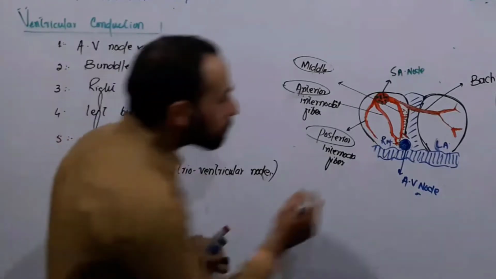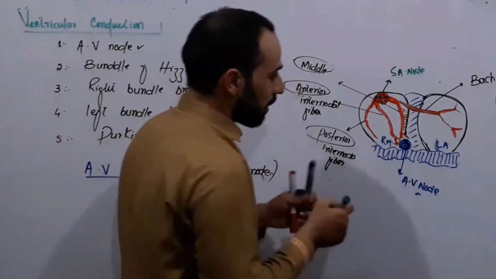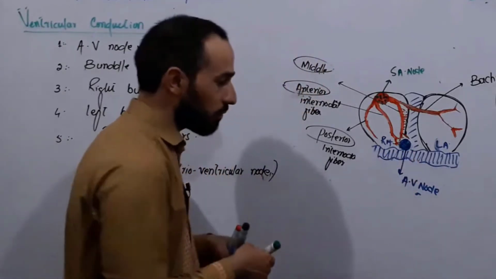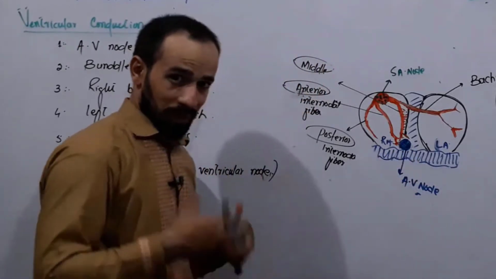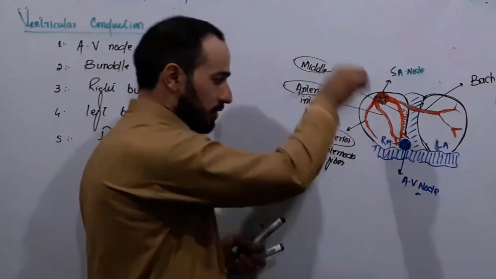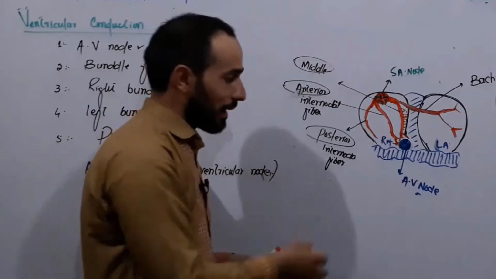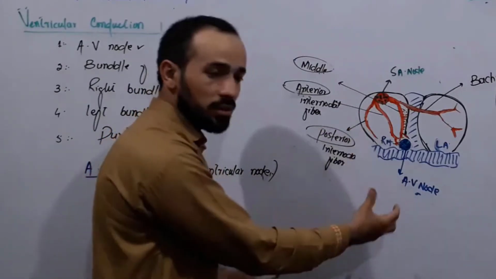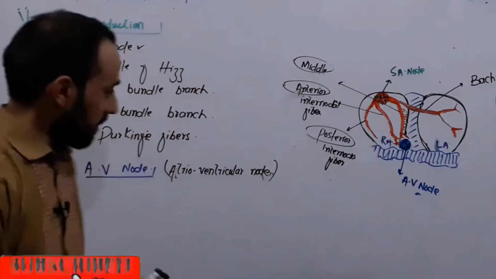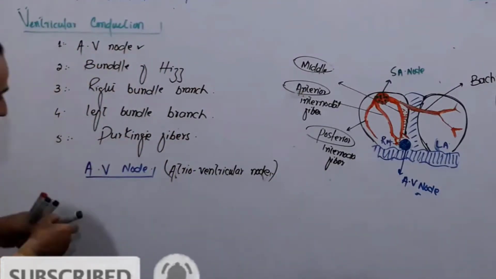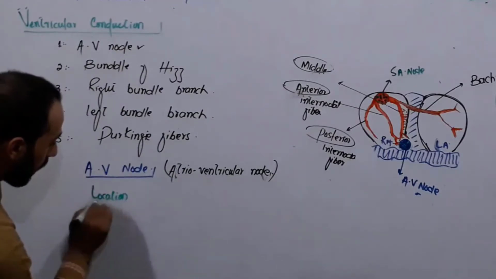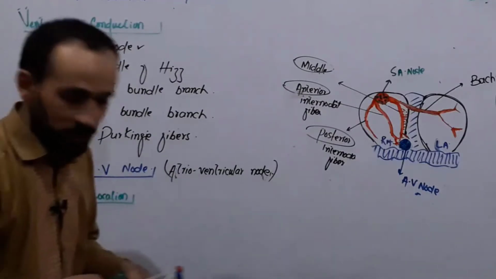The AV node also consists of a specialized group of cells, and these cells are capable of getting excited and conducting those action potentials and currents towards the walls of both ventricles, right? So where is the AV node exactly located?